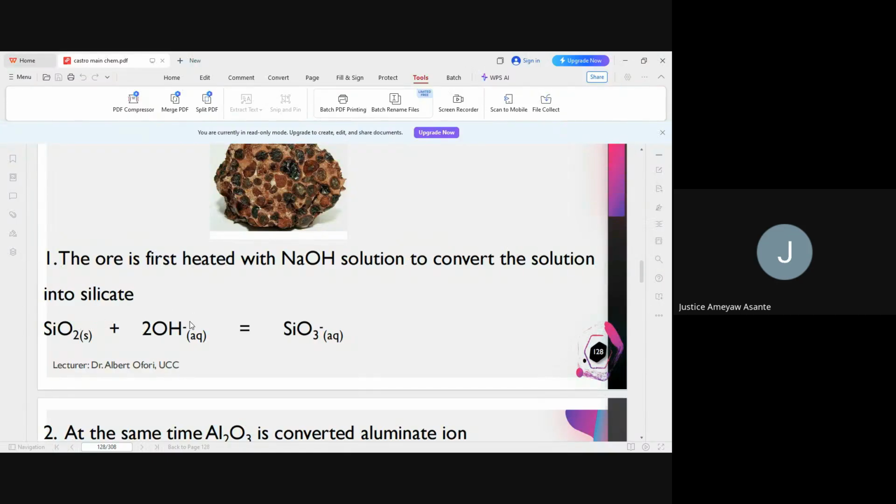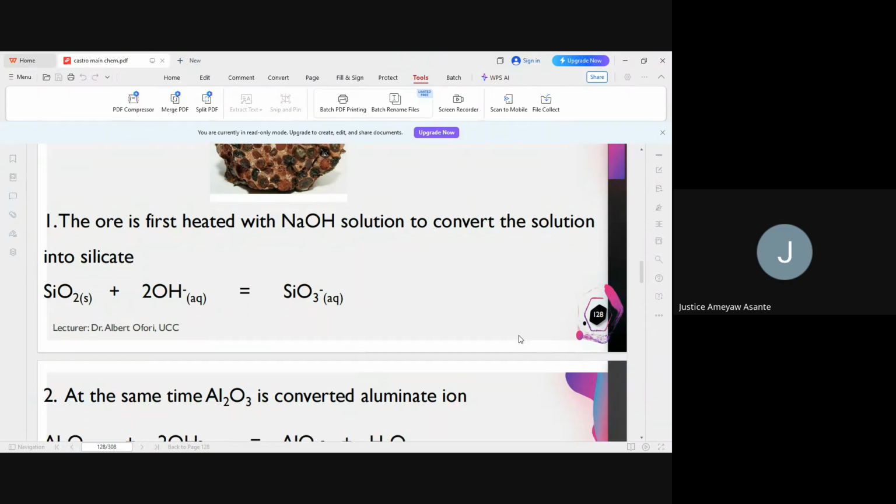What is making the substance basic is the OH, so the sodium is not showing. It is this side that is going to form the silicate. The complete equation is not written, but we are just showing how to remove the silica. So all the silica in the bauxite will be converted to silicates.